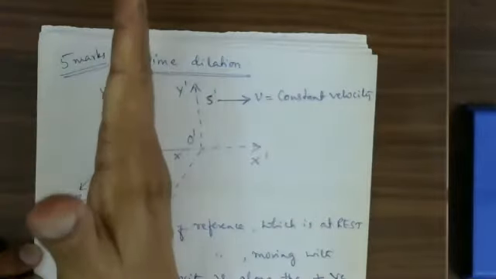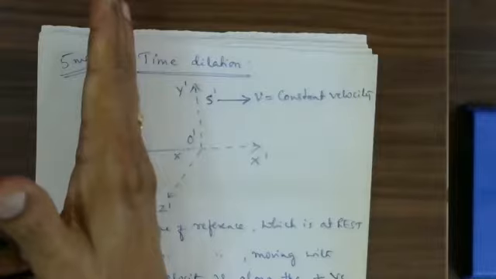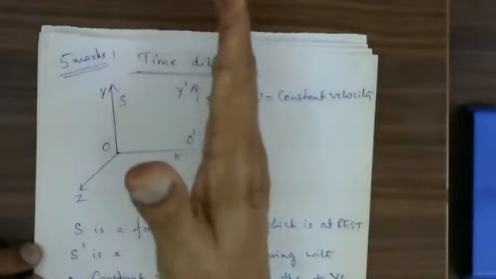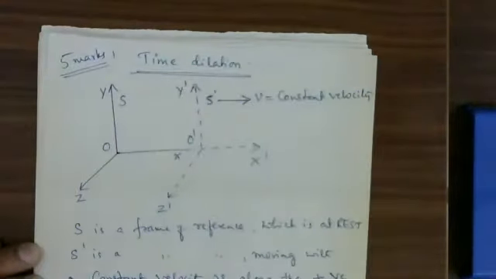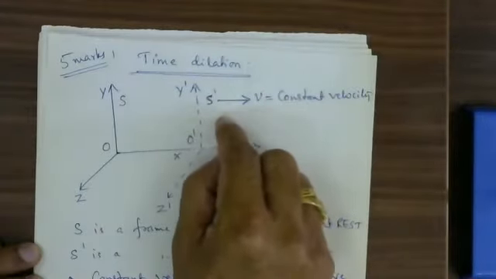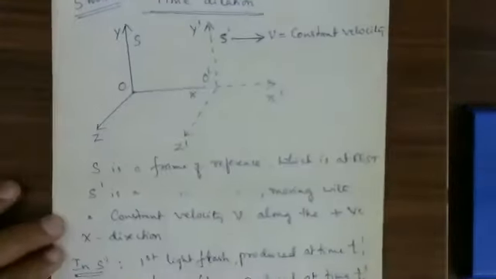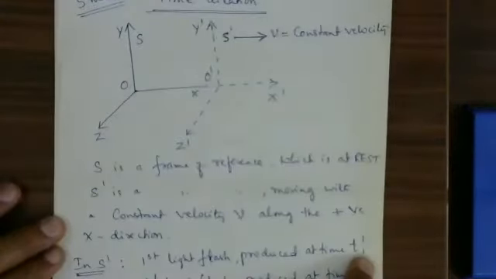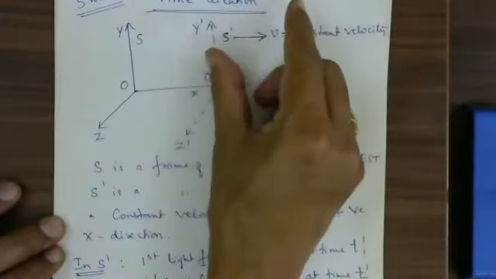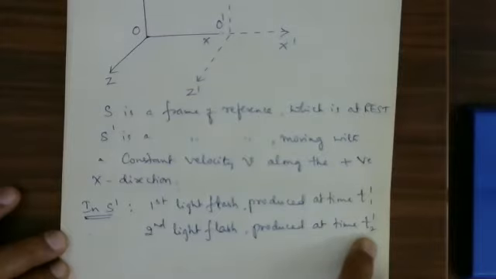One frame of reference which is fixed, another frame of reference along the common x-axis goes on moving with a constant velocity. Now in the frame of reference S dash, we have produced a flash of light at time T1 dash. Again, one more flash of light is produced at time T2 dash.